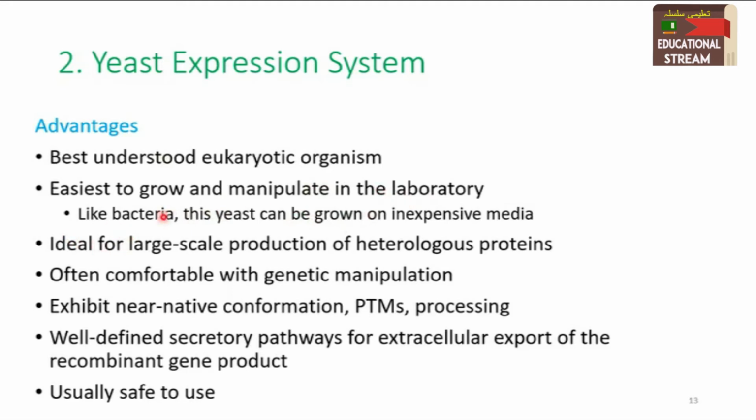Like bacteria, yeast can be grown on inexpensive media, and it is also ideal for large scale production of heterologous protein, and it is amenable to genetic manipulation. Like if we want to make any genetic change in the chromosome of yeast, we can do it.